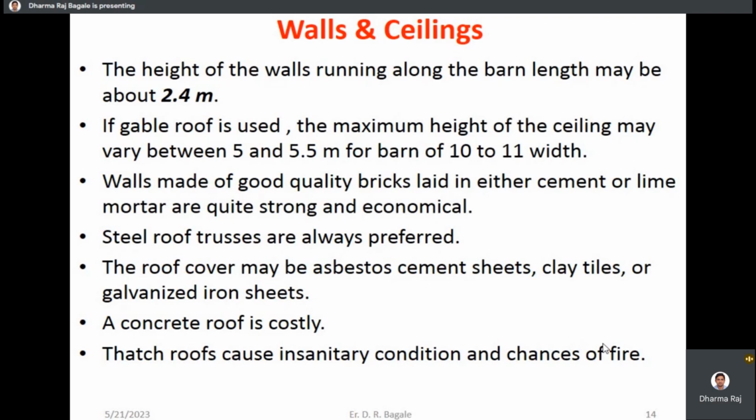So we should be careful while storing things that can catch fire, fodder or feed for the cattle, and sufficient distance should be maintained between the shed and the storage house.